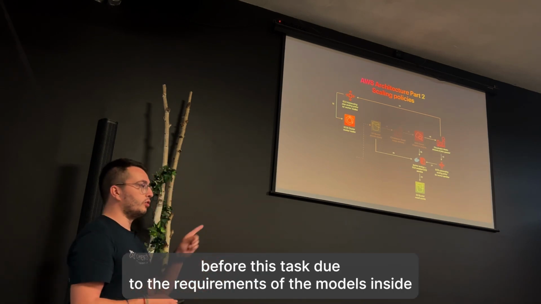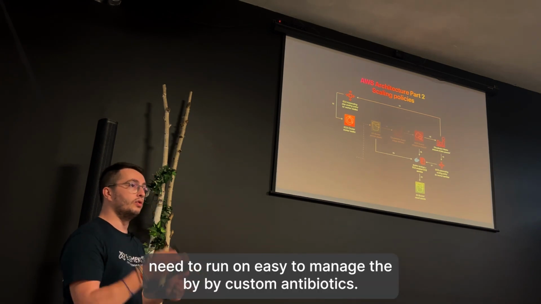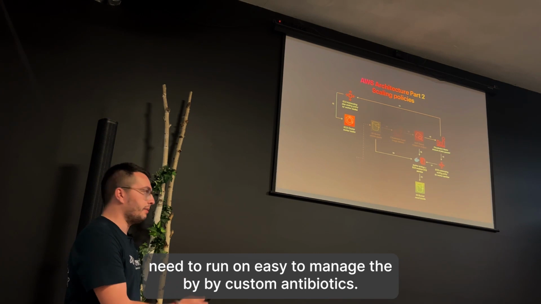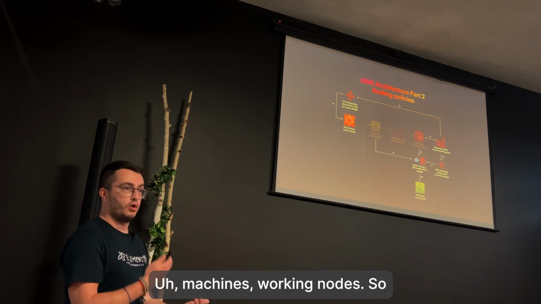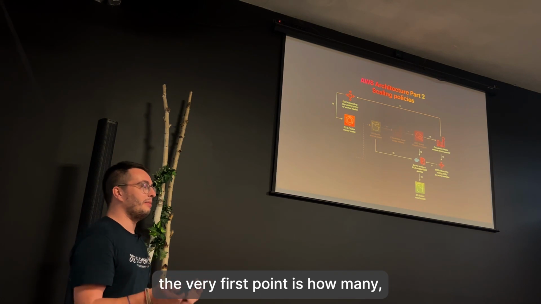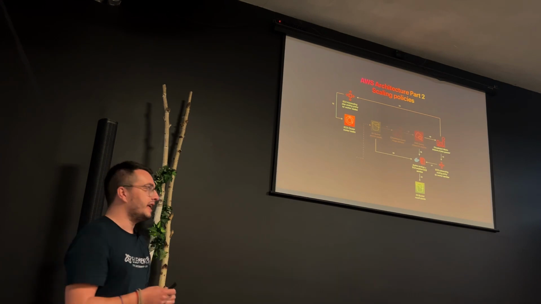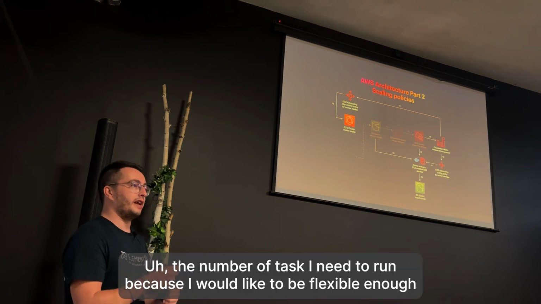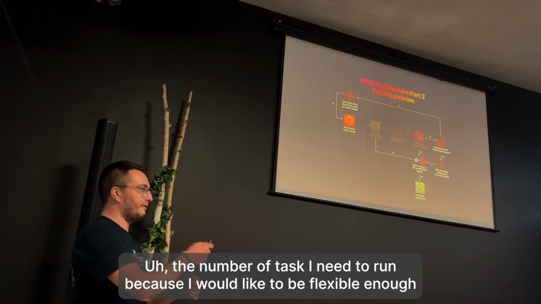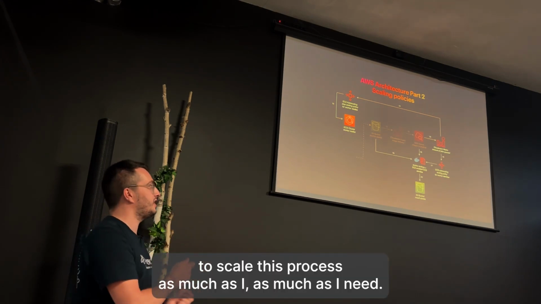This task, due to the requirements of the models inside, needs to run on EC2 machines managed by us, worker nodes. So the very first point is how many machines I need to run in the most efficient way, the number of tasks I need to run, because I would like to be flexible enough to scale this process as much as I need.